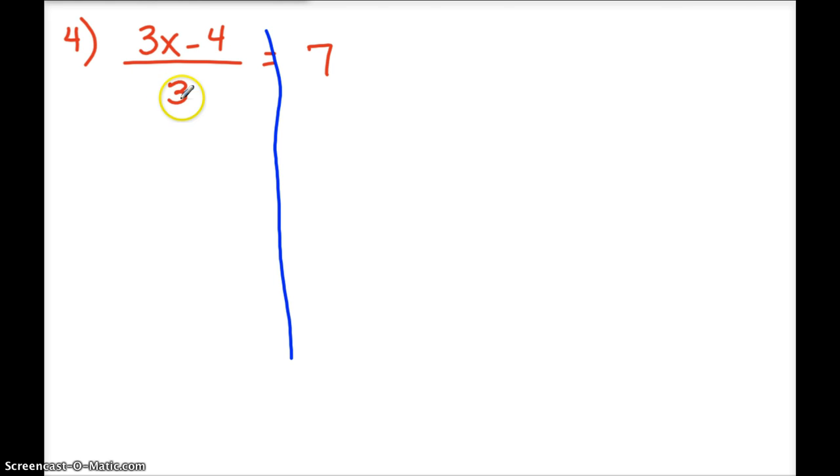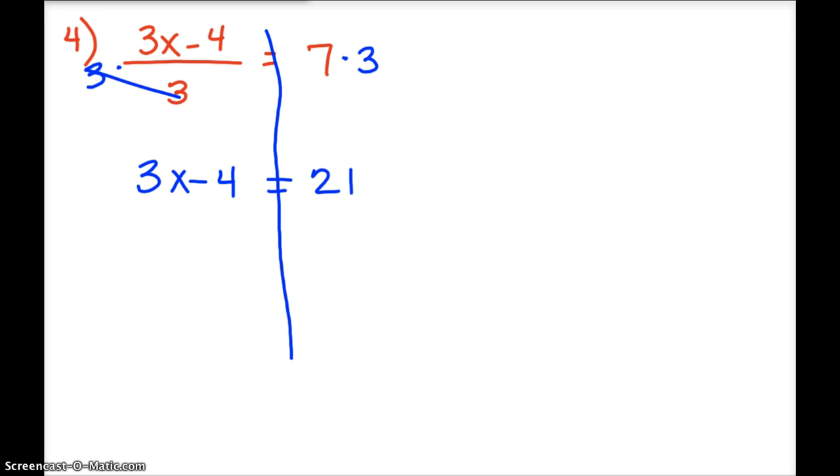So my first thing is I want to get rid of that 3. Now the problem says all of this divided by 3. So to get rid of that, I'm going to multiply by 3 on each side. So I'm left with 3x minus 4 equals, and then 7 times 3 is 21. And then I can just start to solve the equation.